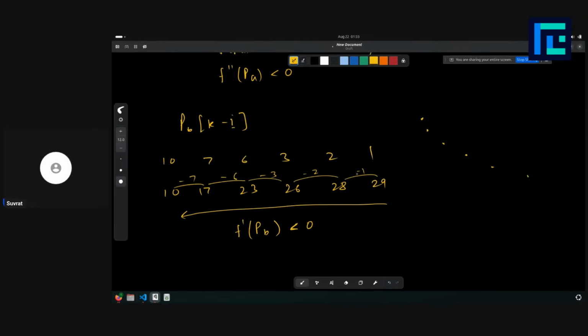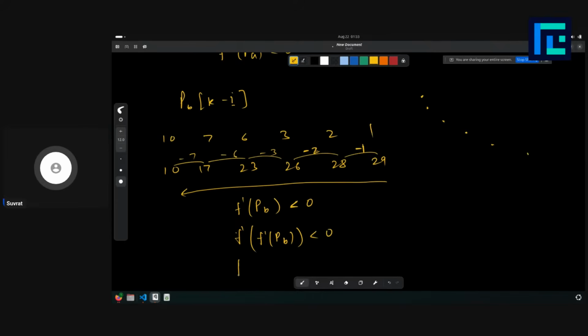And the value of slope, minus 1, minus 2, is also decreasing in each consecutive step. So for the value of slope to decrease, the derivative of slope must be negative. So again, f double dash of PB would be negative. And we can see that in the graph as well, that initially the value would be high, but as we go on, the rate at which the value decreases would increase.